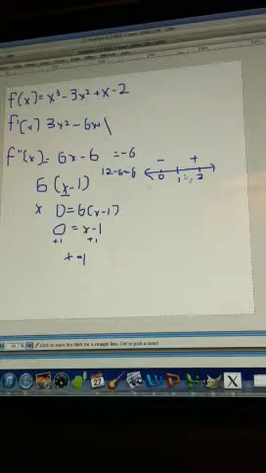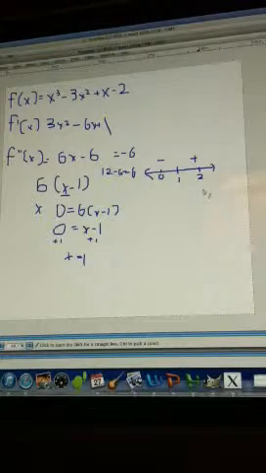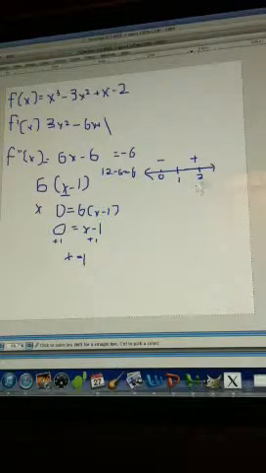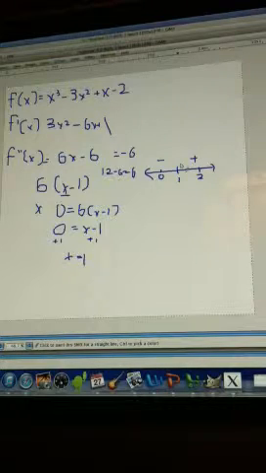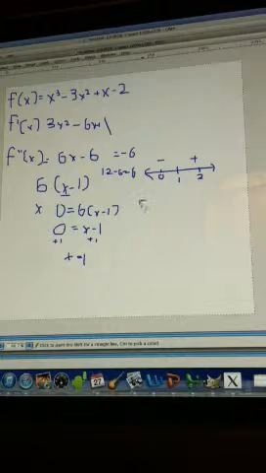What this means is that everything left of 1, the graph will be concave down, since it was negative, and everything to the right of 1, the graph will be concave up because it was positive. And that can be written as this.